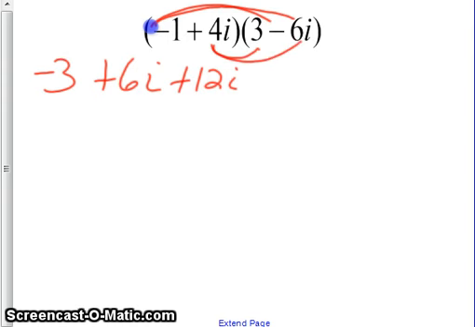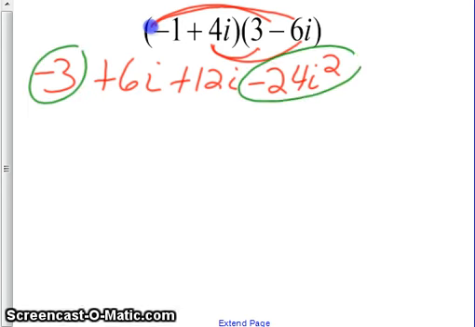Last times last. 4i times negative 6i, negative 24i squared. Now, negative 24i squared becomes positive 24. Positive 24 plus negative 3 is positive 21. 6i plus 12i is 18i. Did that right? Yeah, teamwork.